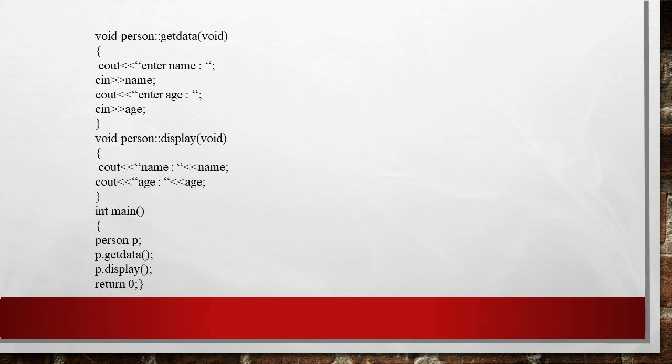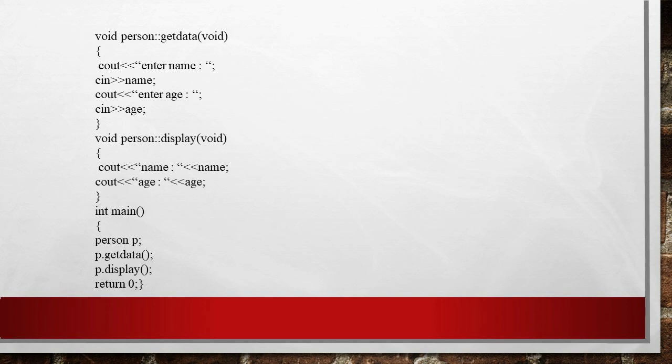In int main we only have to use that class. We declare a class variable p, person p, and p.getdata and p.display. Only those two functions will be called in the main function. Calling will only be done in int main, not outside. Then return 0.